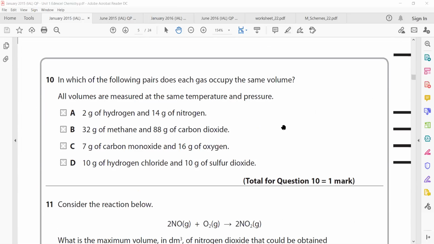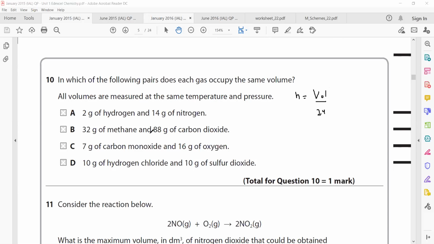In which of the following pairs does each gas occupy the same volume? Basically, when the moles are the same, and they mention all volumes are measured at the same temperature and pressure, temperature and pressure will not affect it. So we can find the moles: moles is equal to volume in dm cube divided by 24.